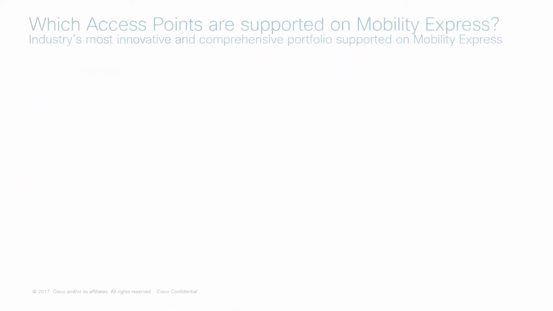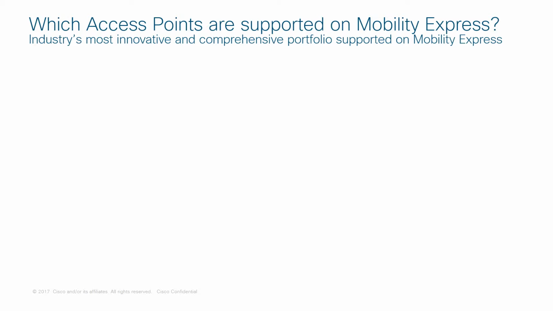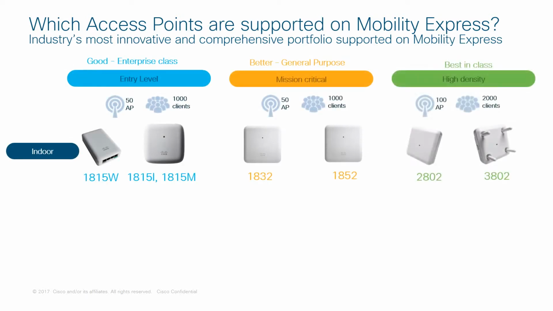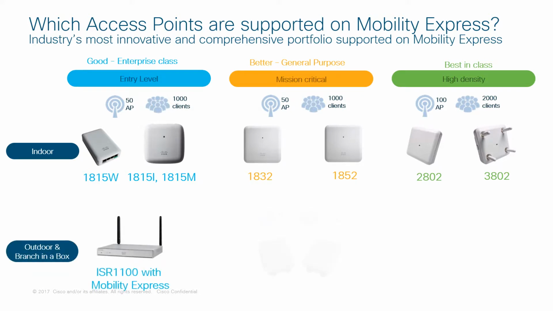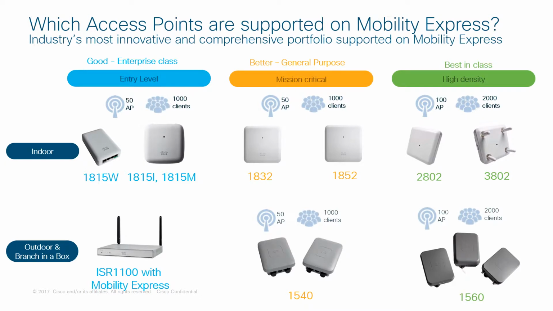So, the next question you might have on your mind is, what access points support Cisco Mobility Express? Cisco Mobility Express is supported on all Wave 2 series access points, from the compact form factor 1815 series to the best-in-class 2800, 3800, and 4800 APs. It is also supported on the outdoor APs and on the ISR 1100.